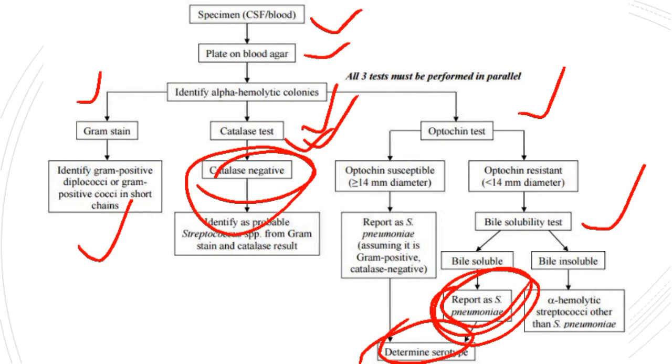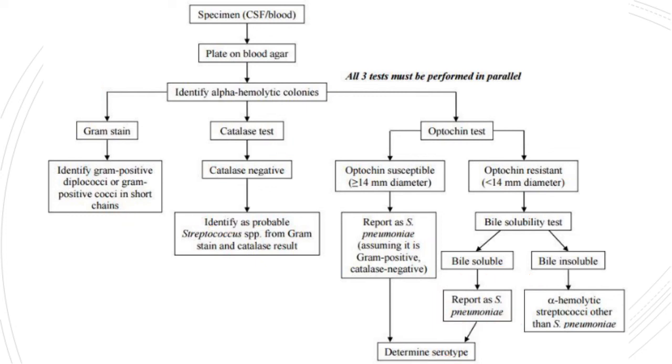If it shows a swollen capsule with homologous antibody, meaning antibody to strep pneumonia, it must be strep pneumonia, and you can also identify its strain. Overall, you will notice lancet-shaped gram positive diplococci in gram staining, alpha hemolysis on blood agar, bile solubility, optochin sensitivity, and the Quellung reaction.